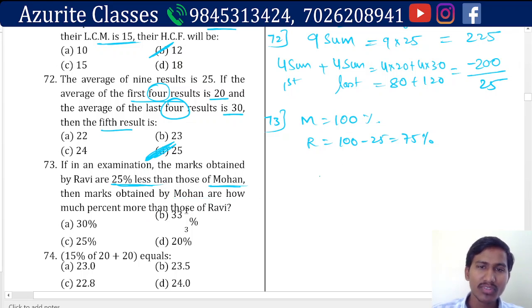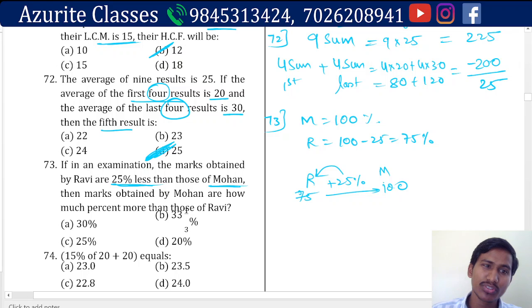Mohan. So Ravi is 75 and Mohan is 100%. So 25% more. That is 25 upon 75 we have to take. Don't be confused with this. For percentage more, we have to do 25 more upon 75 into 100%.